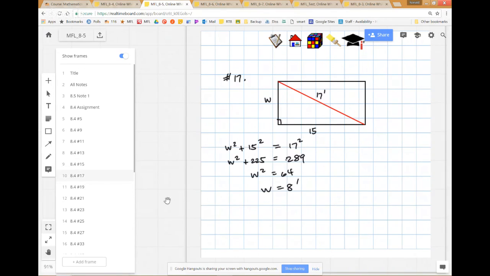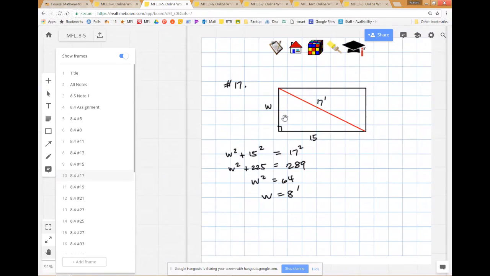Here we go. A rectangle has a diagonal 17 feet long and a length of 15 feet. So how wide is it? So wide, W, length 15, and diagonal 17. Do you notice that right here is a right triangle? So we can use the Pythagorean theorem.